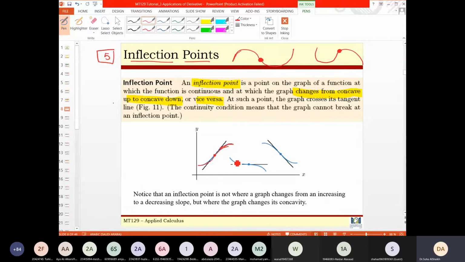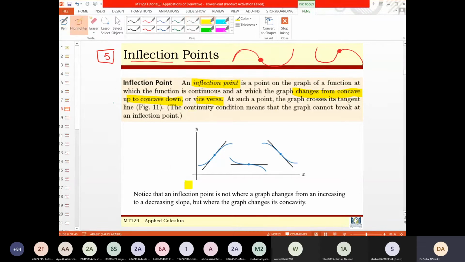Here it is concave up, right? And after the point, it became concave down. The tangent line is going through it. هذا down, and it changed to be concave up. So all of these are examples of functions where we have inflection point.